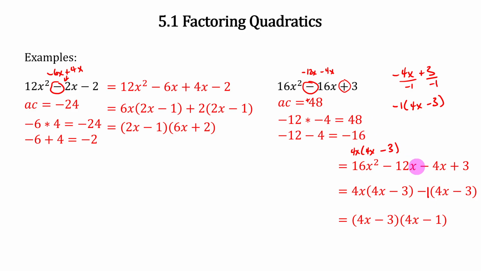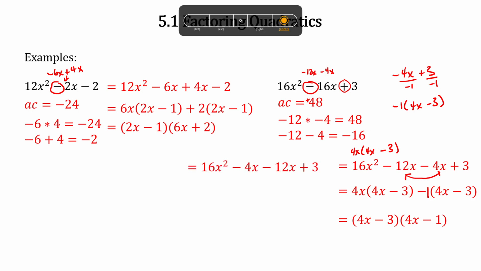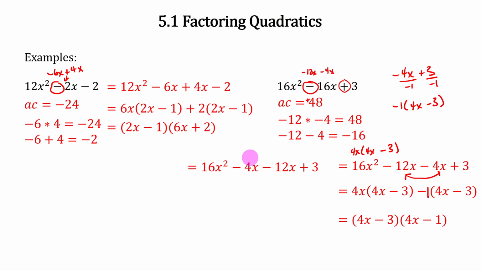Now, what would happen if I did these in reverse? So now I'm going to factor out a 4x here and a 3 over here. This would be 4x minus 1. Now, I'm going to factor out a negative 3.